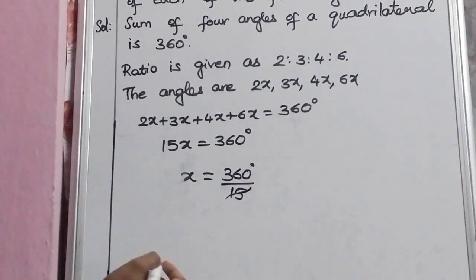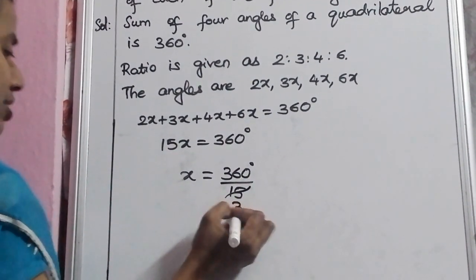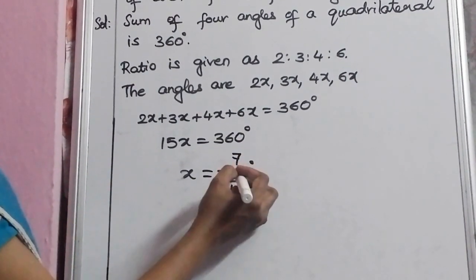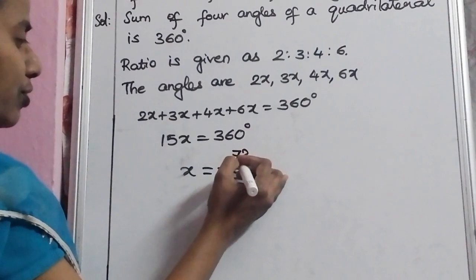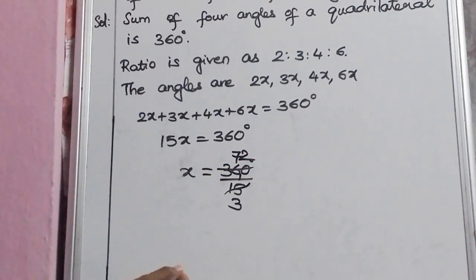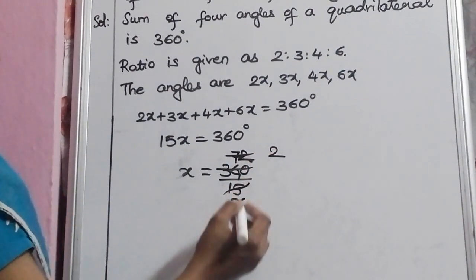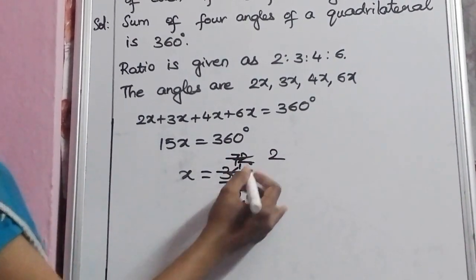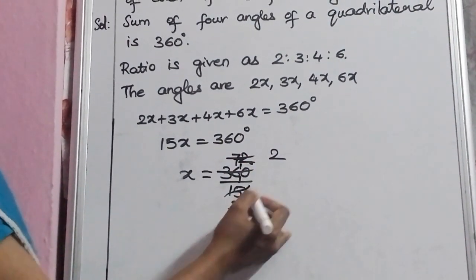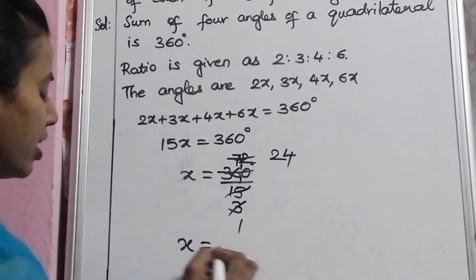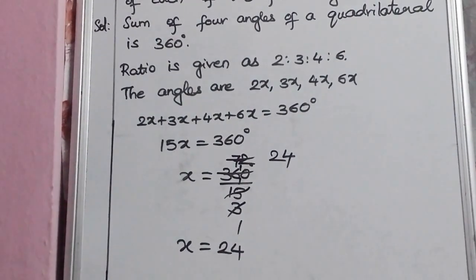Now let's cancel. 5 table. 5 3s are 15. 5 7s are 35. 5 2s are 10. 3 table. 3 1s are 3, 3 2s are 6. 1 is left. 12. 3 4s are 12. So you got the value of x as 24.